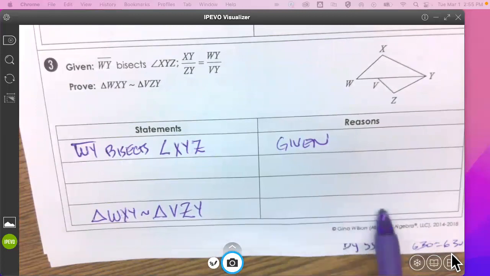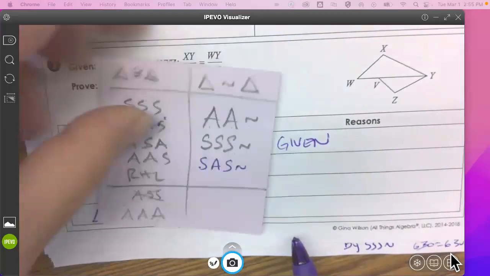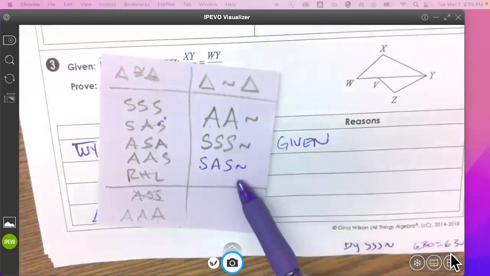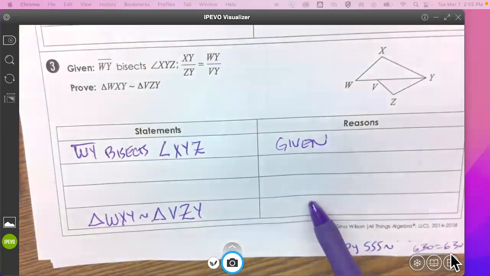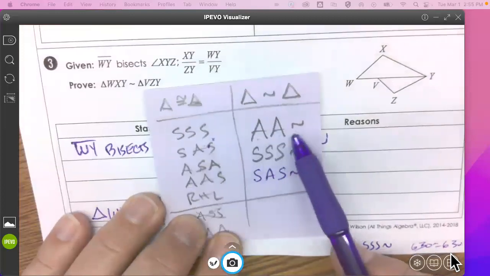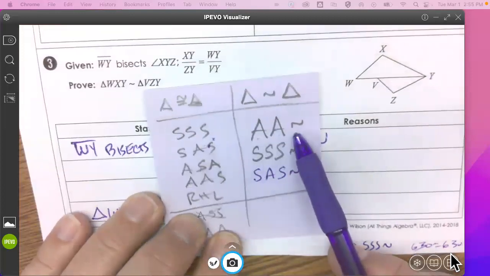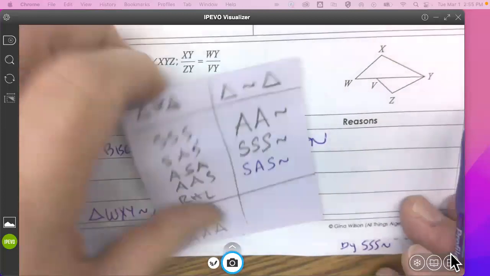How many possible things could go here in the reason? Is it an infinite list? Very good. It's one of those 3. It wouldn't be AAA because that's what AA similarity means. We don't need the third angle. The 2 is enough to give us that.